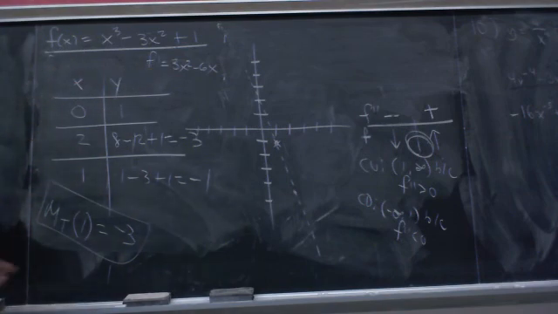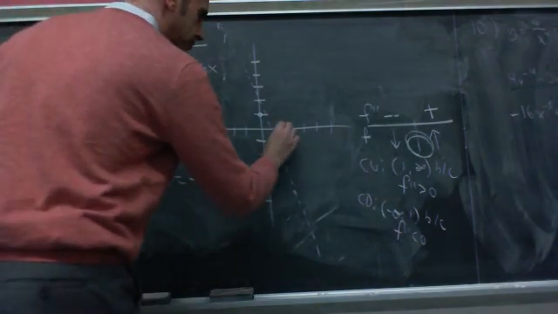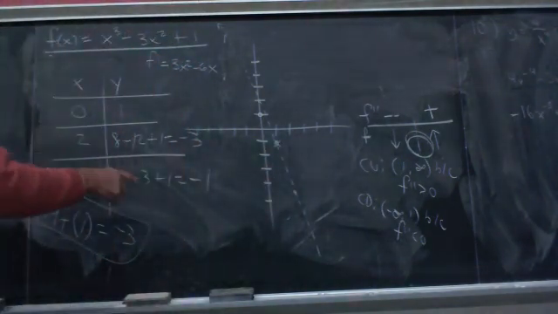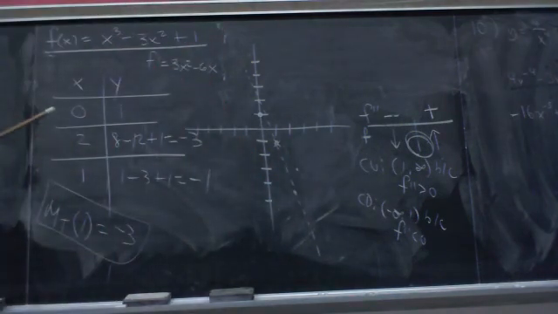Now I'll graph my points 0, 1, and 1, negative 1, and 2, negative 3. If you recall, at 0 was a relative max, and at 2 was a relative min.